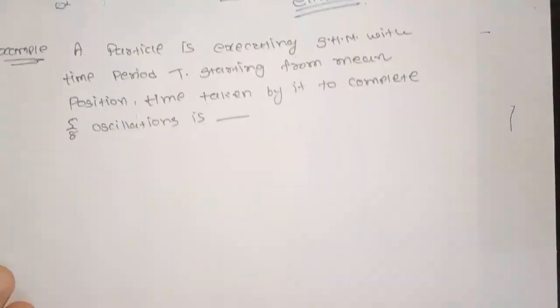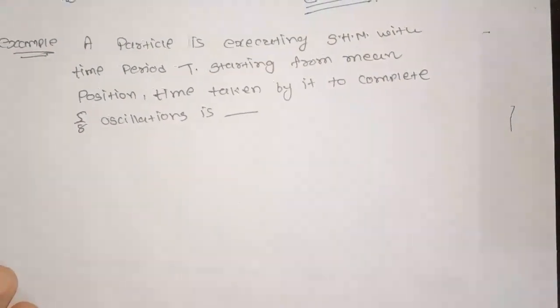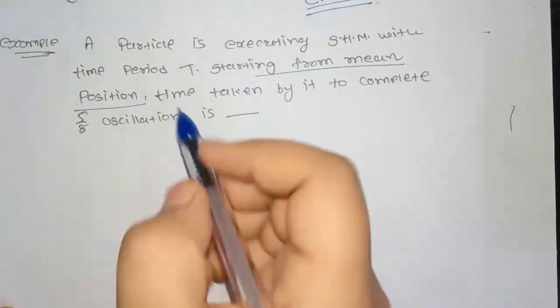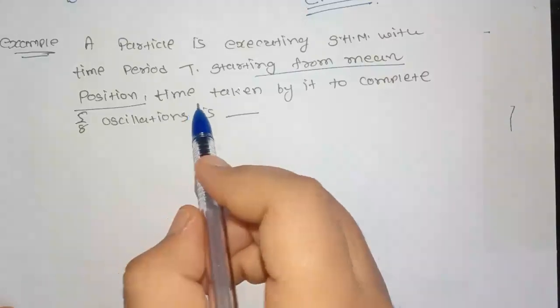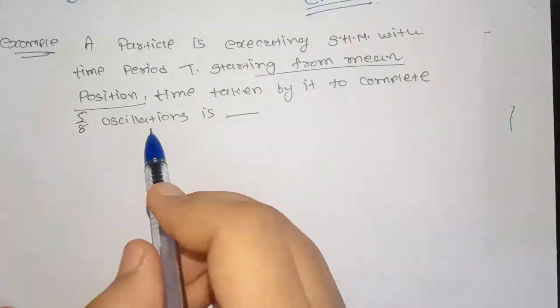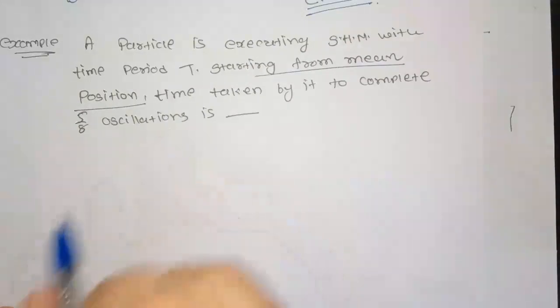In the next question, a particle is executing SHM with time period T, starting from mean position. We want to find the total time taken by it to complete 5/8 oscillations.